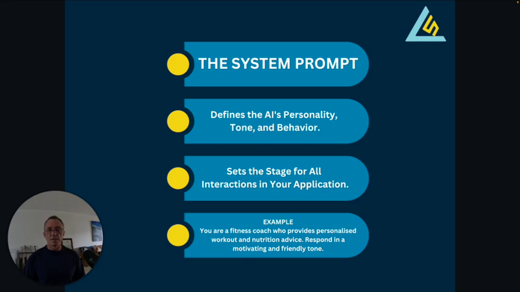And what the system prompt does is it sets things up for the whole application. So when users are using the application, say for example it is a fitness coach, it's always consistent and it's always looking at the system prompt as its first port of call for the way that it behaves.